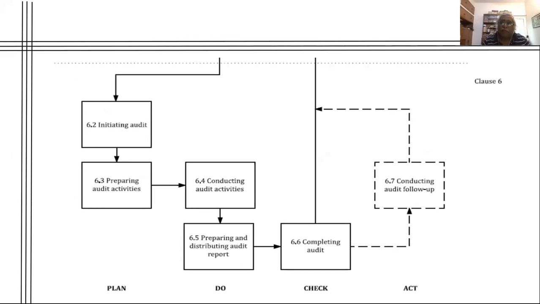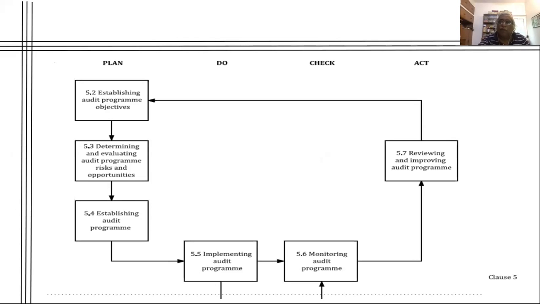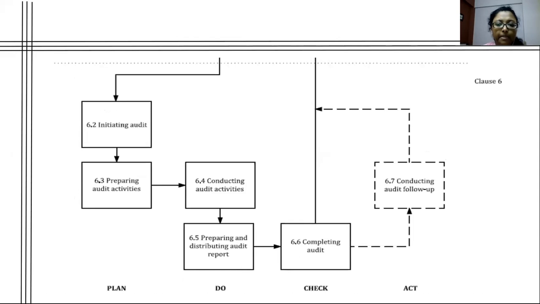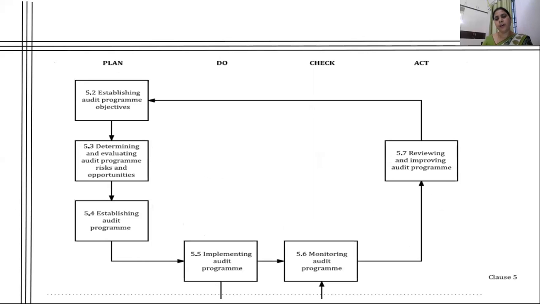Ma'am, the earlier slide: reviewing and improving audit program. How can you review and improve the audit program before you have submitted your report? Not before submission, it is after submission. That's why I say here, in 6.6 you have completed an audit. After completing, it goes towards monitoring the audit program.